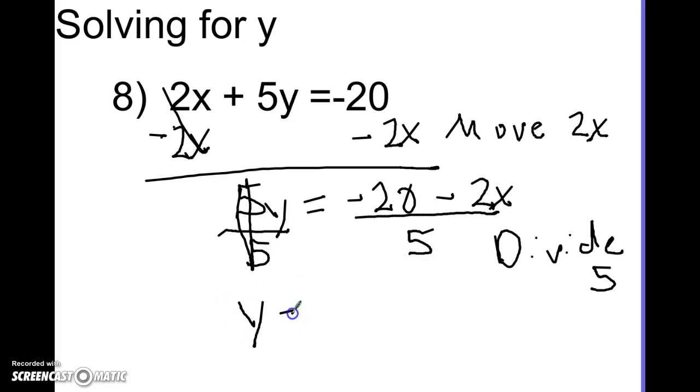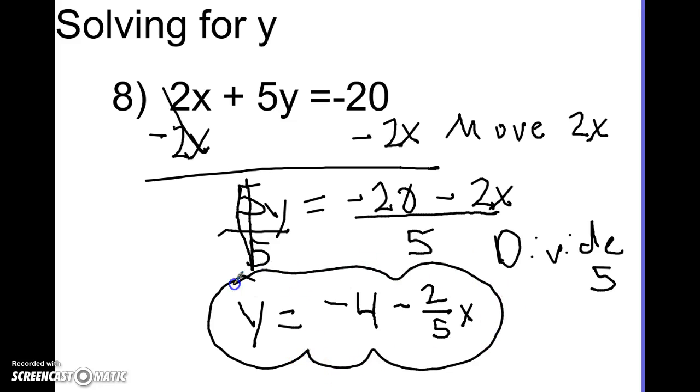That isolates y. And on the right-hand side, we have negative 20 divided by positive 5 is negative 4. And negative 2 divided by 5 has to be written as a fraction since we can't divide 2 by 5. So we have negative 4 minus 2/5 x is a solution for number 8 on tonight's homework.